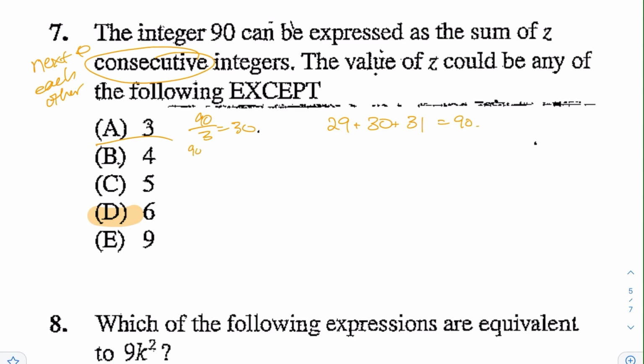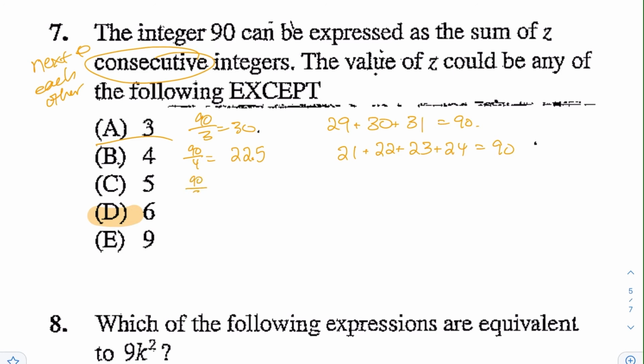For choice B, if you do 90 divided by 4, it's not divisible by 4, but you do get something close. You do get 22.5. So the numbers around that would be 22, 23, 21, and 24. If you add these together, that will also give you 90.